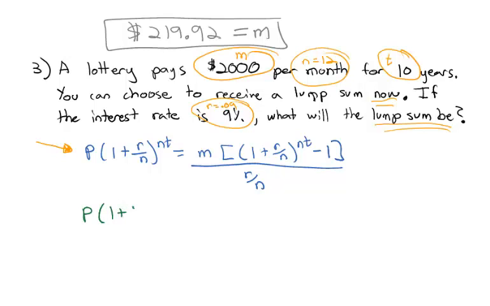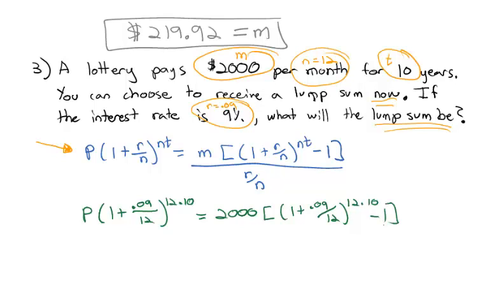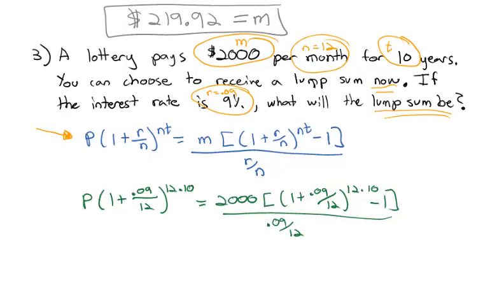P times (1 plus R, which is 0.09, over N, which is 12) to the NT, 12 times 10 years, equals the monthly payment of $2,000 times (1 plus the rate, 0.09, divided by the 12 payments) to the 12 times 10, minus 1, all over R over N, which is 0.09 divided by 12.